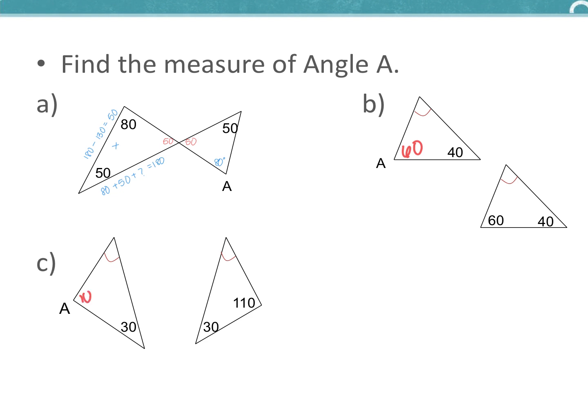So if these two measurements right here are equal, and they're already giving me that 40, I know that this measurement is going to be 60. And same thing on this one, if they're telling me that these are equal, and they're already giving me that 30 degrees, then I know that this is going to be, oh, I put 100, it should be 110. Let me erase it and change it.